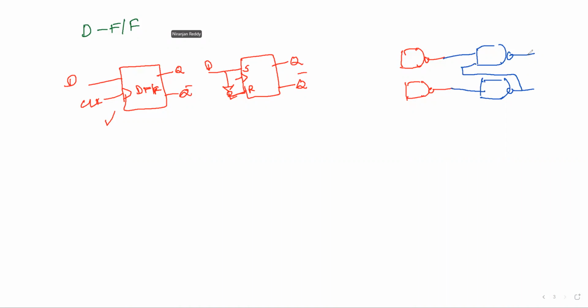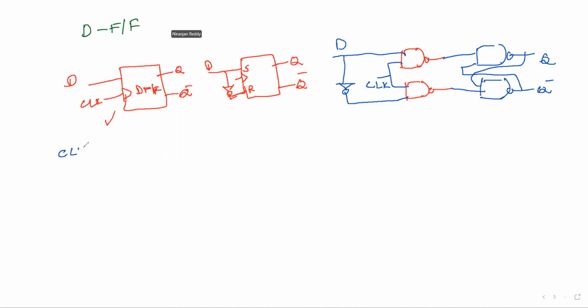So cross coupled, this I call Q, this I call Q bar, and this I call clock. And how do you get D? It is shorted using a NOT gate. I call this D. Try to see yesterday's diagram only. Instead of enable, I used clock. Okay, so now the truth table.